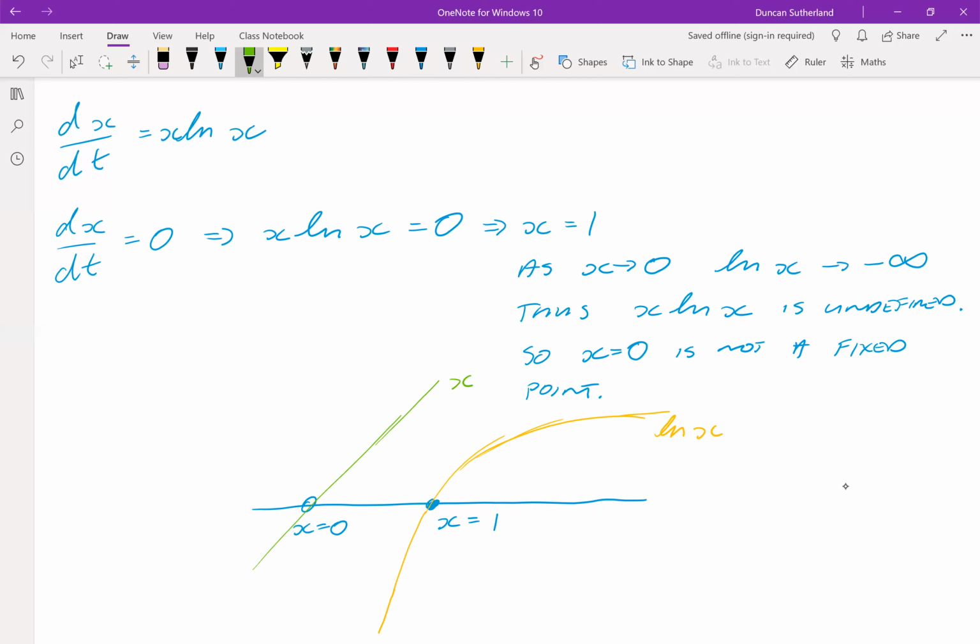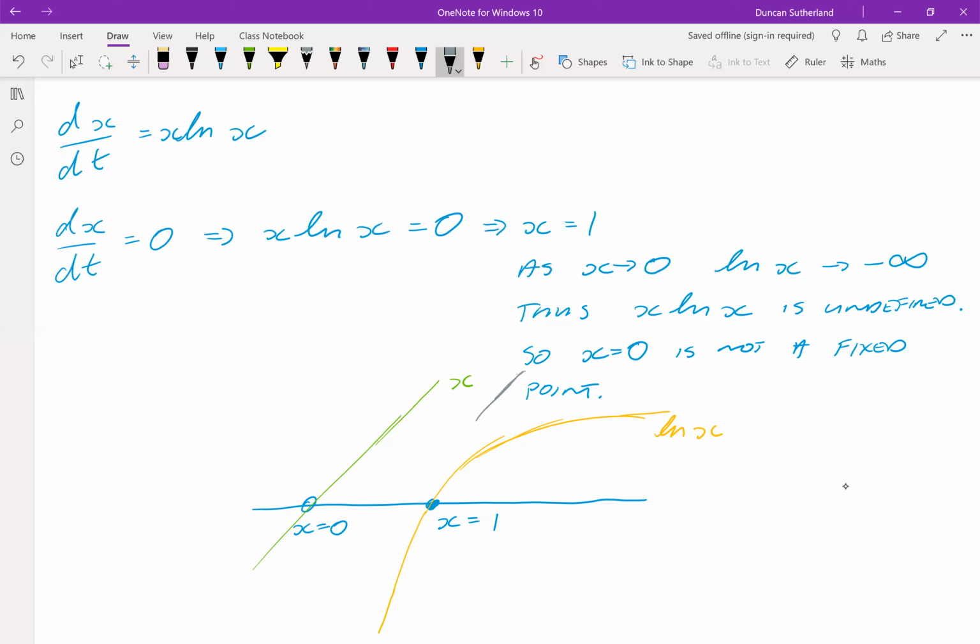That's the line dx/dt = log x. What does x log x look like? Well, clearly, as x gets really, really big, these two things multiplied together is going to start to look linear. It's going to start to look like the straight line. So somewhere out here, it's going to sort of look straighter.